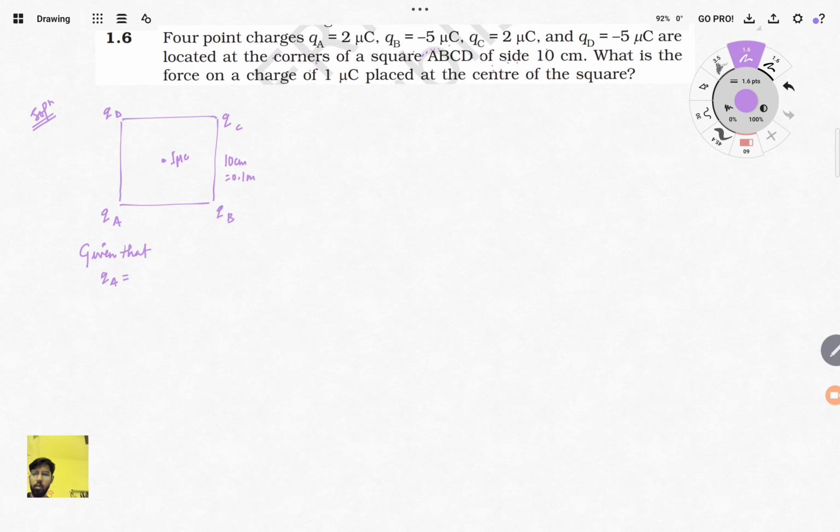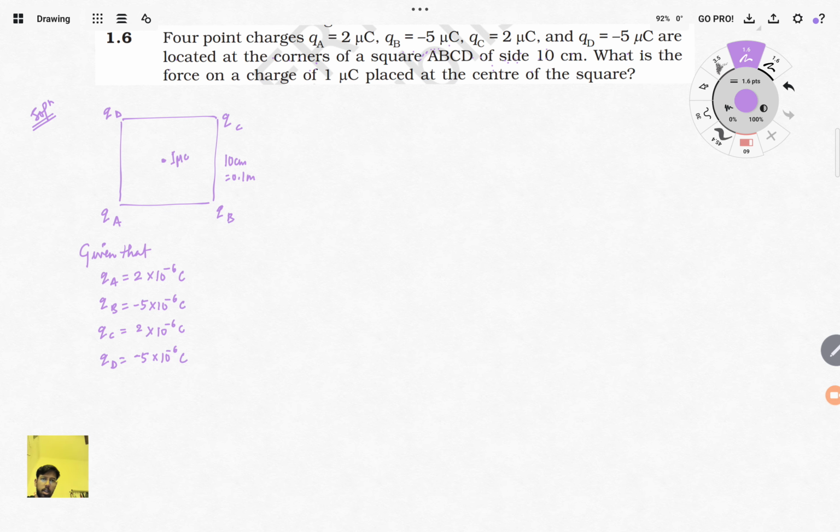Now what we are given is that QA is equal to 2 microcoulomb, meaning 2 into 10 to the power minus 6 coulomb. QB is equal to minus 5 microcoulomb, meaning minus 5 into 10 to the power minus 6 coulomb, and QC is equal to 2 microcoulomb, meaning 2 into 10 to the power minus 6 coulomb, and QD is equal to minus 5 into 10 to the power minus 6 coulomb, right?